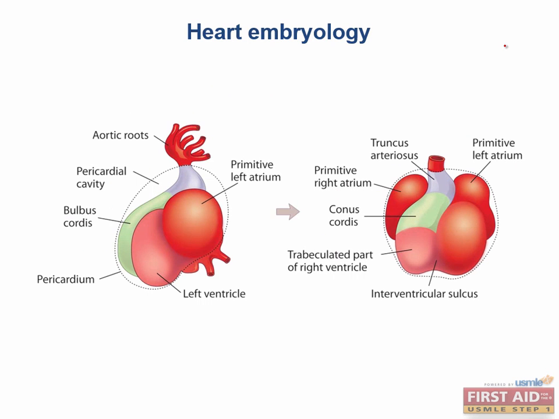Now next up, our book says that the bulbus cordis, here, forms the smooth parts of the left and the right ventricular outflow tracts. That's easy to visualize here because the central part of the bulbus cordis becomes very conical in shape, hence the name conus cordis.